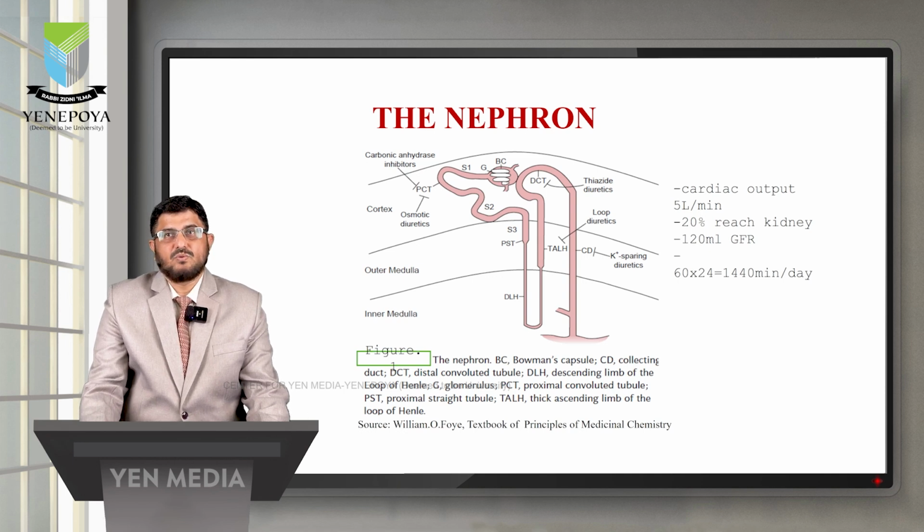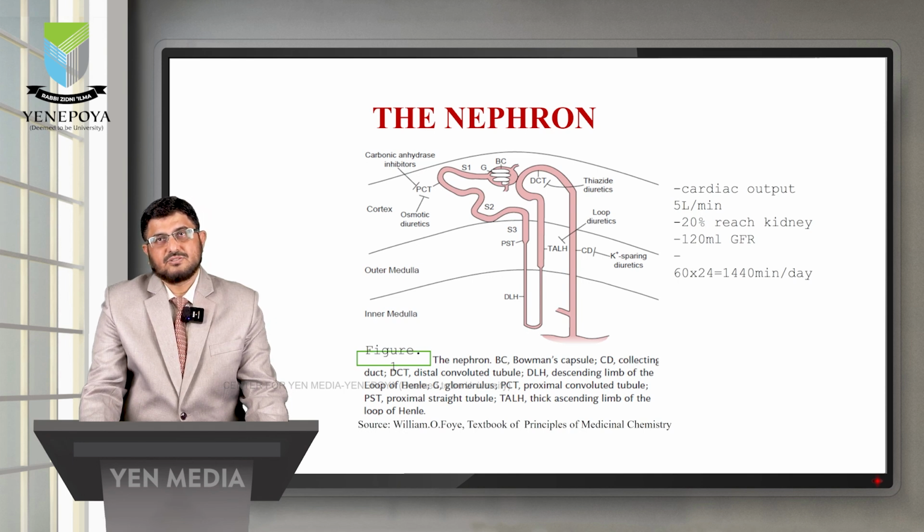So if 120 ml of the filtrate is reaching the Bowman's capsule, then the filtrate reaches the proximal convoluted tubule. So what is the urine amount formed? If we consider 60 minutes per hour and 24 hours per day, it is totally 1440 minutes per day. So how much urine is formed per minute out of 120 ml?